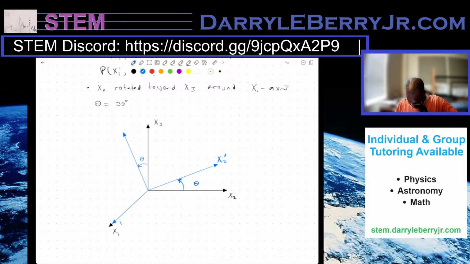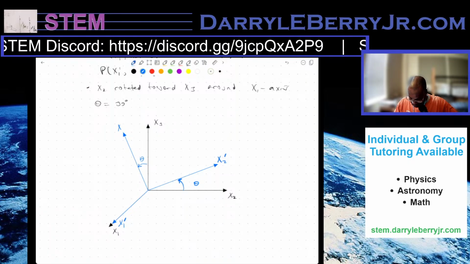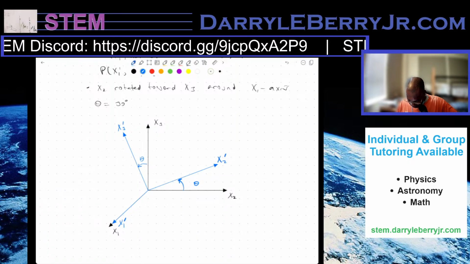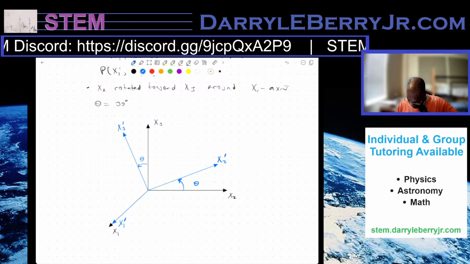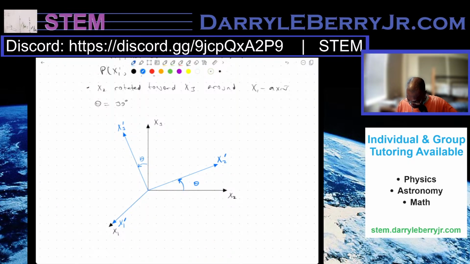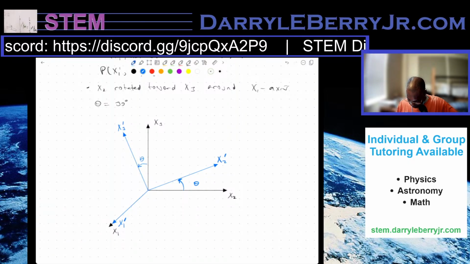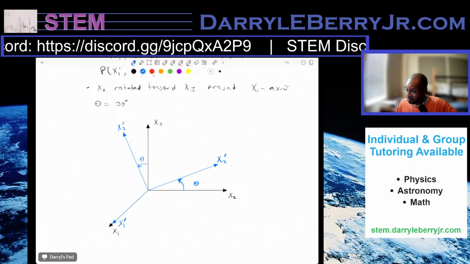So this is still x1 prime. So I guess technically my idea of doing just two axes was how it's normally done, because technically this is just a rotation in two axes.